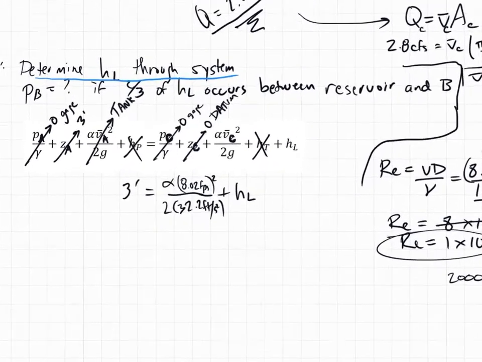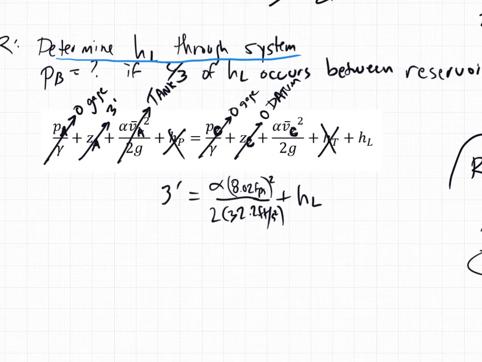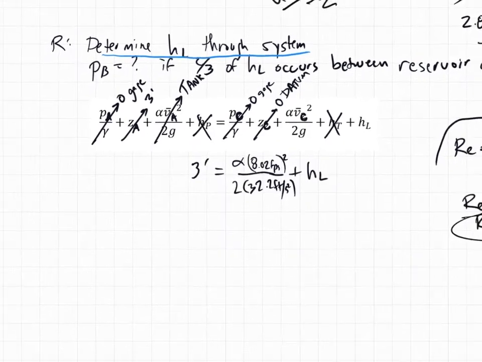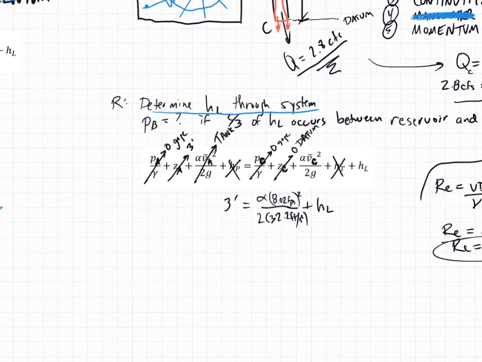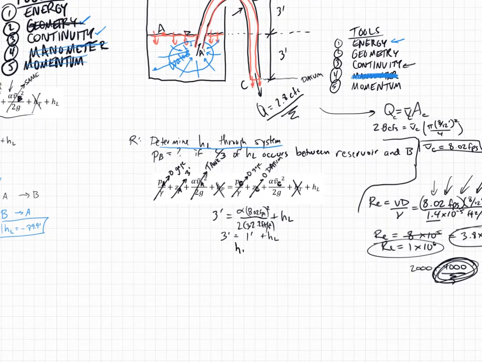So we go back to the problem we're working on over here, and alpha equals 1, so we plug this in, and we end up with 3 feet equals basically 1 foot plus the head loss. So the head loss is 2 feet.